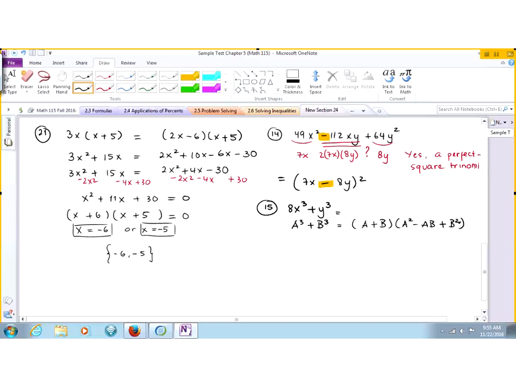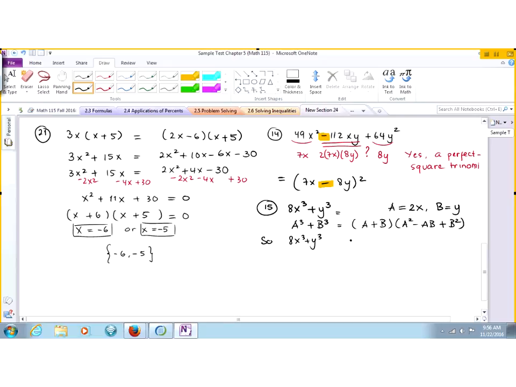Will you remember this tomorrow? What is my a and what is my b here? A is 2x, and b is y. Now I'm going to substitute.